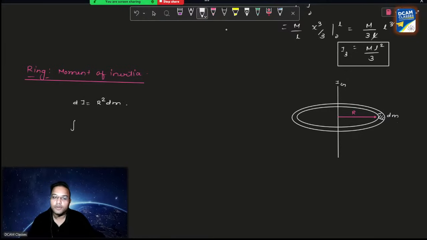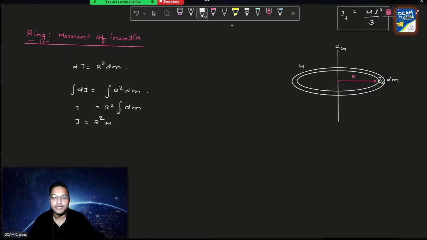So the total moment of inertia will be the integral of r square dm. And since r is constant for each mass, r square will come outside the integral of dm. So I is equal to r square times the integral of dm, and this dm integrates to the total mass. So it is m into r square. That's why it's very easy. Finding the moment of inertia of a ring, it is mr square. Easy?